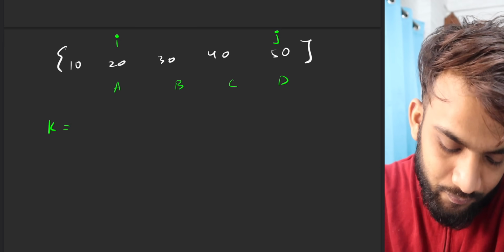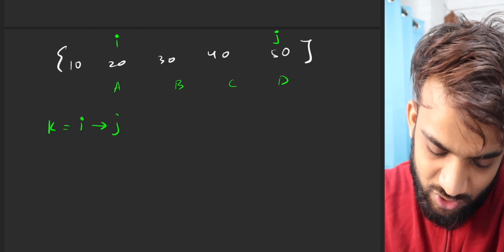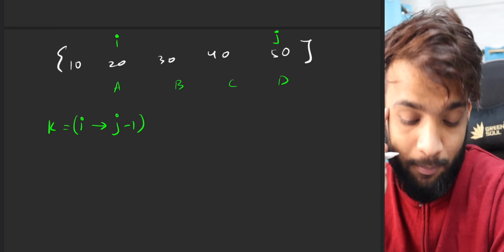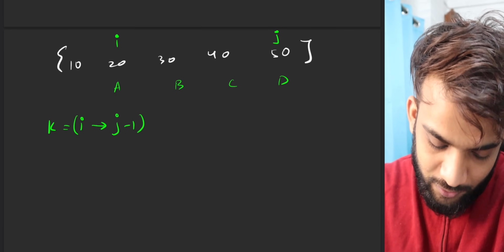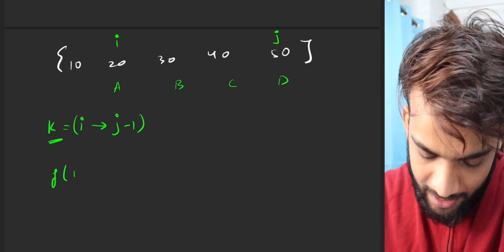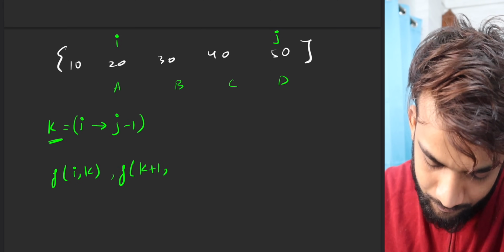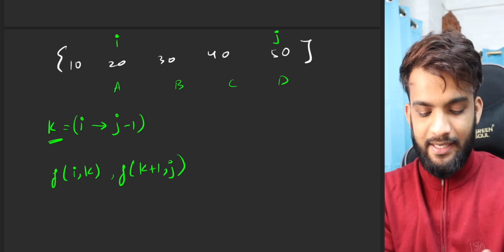So can I say, if I run a loop from i to j minus 1, for the first time, the first partition will be i to k and the other partition will be k plus 1 to j. We need to understand why j minus 1. I'll explain that.